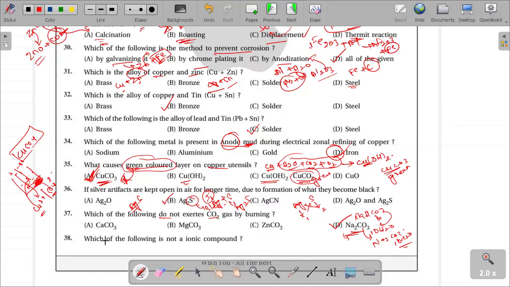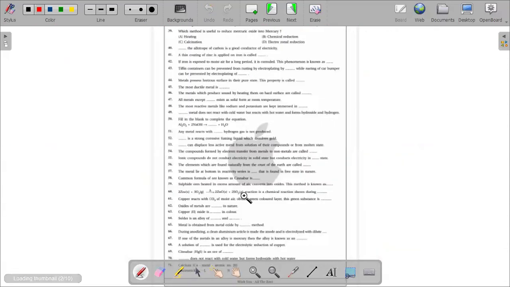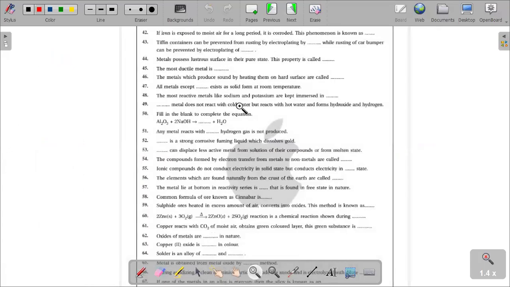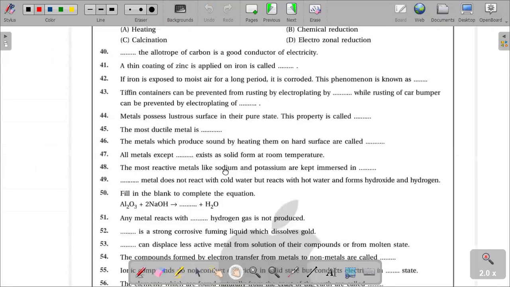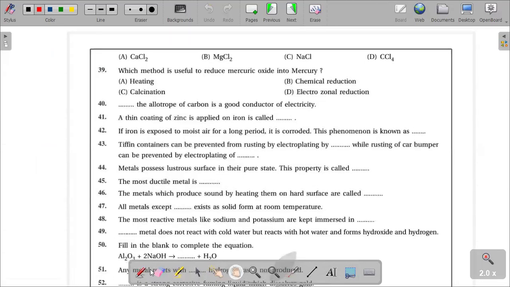Next, which of the following is not an ionic compound? What is the definition of an ionic compound? The interaction between a metal and a non-metal. Here calcium is a metal and chlorine is a non-metal.